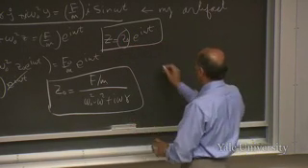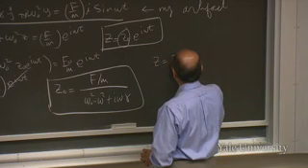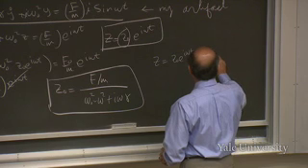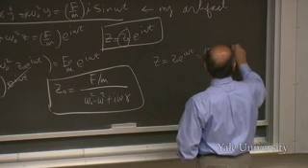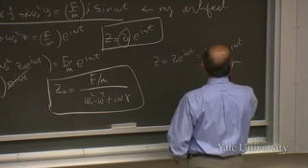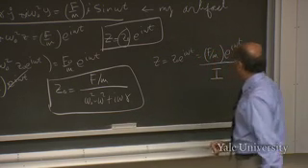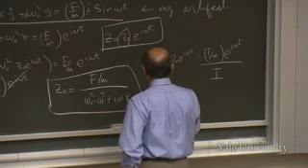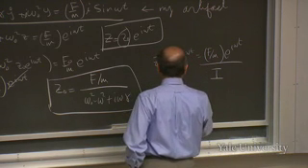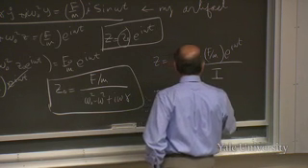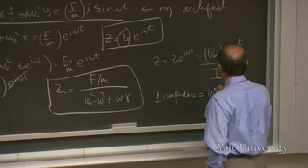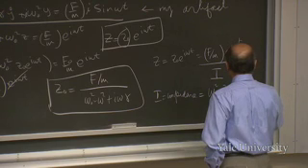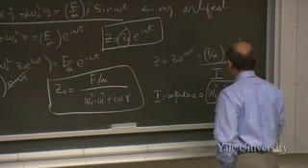If z naught looks like this, then z, which is z naught e to the i omega t, looks like f over m e to the i omega t divided by this number in the denominator I'm going to call I for impedance. I is called impedance, and it's the following complex number: omega naught squared minus omega squared plus i omega gamma.